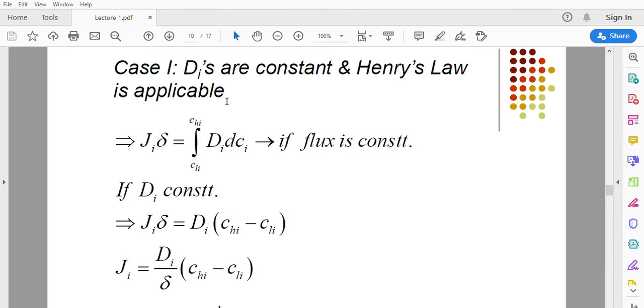If Di is constant, you can simply integrate this equation. So x becomes delta after integration. So Ji delta equal to Di, integrated from CLI to Chi. Okay, so you will get this equation.